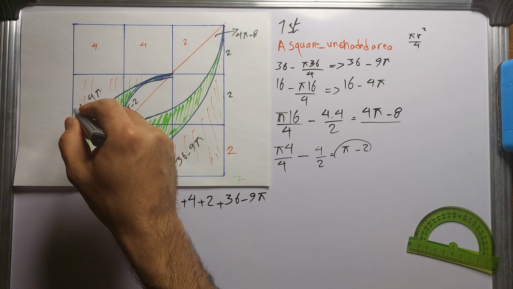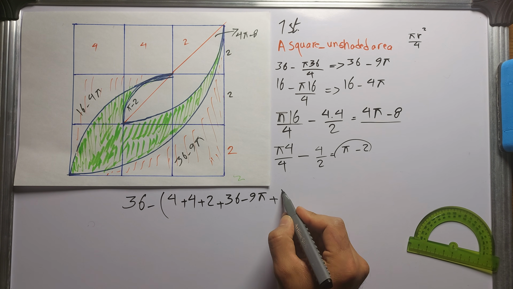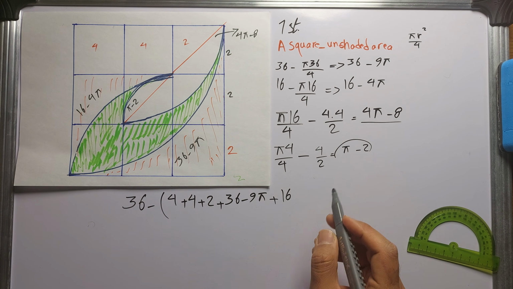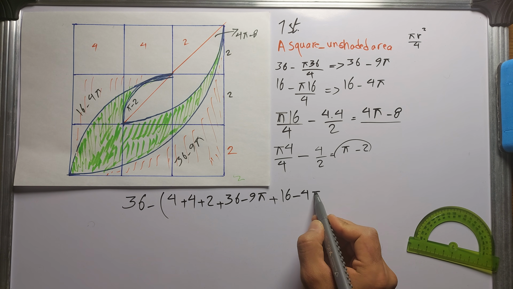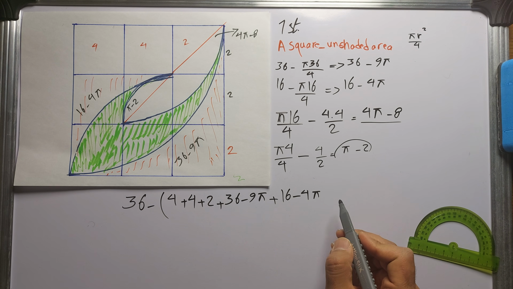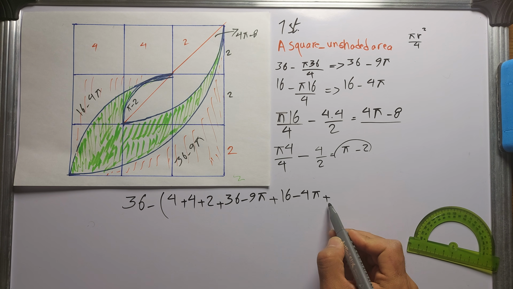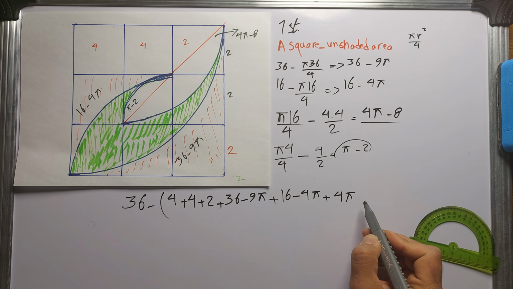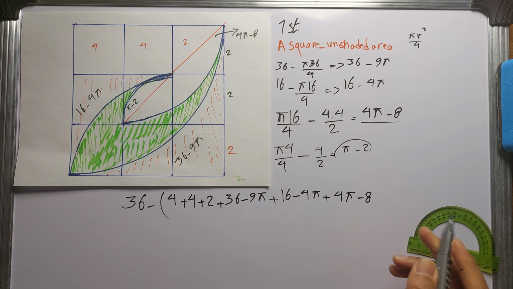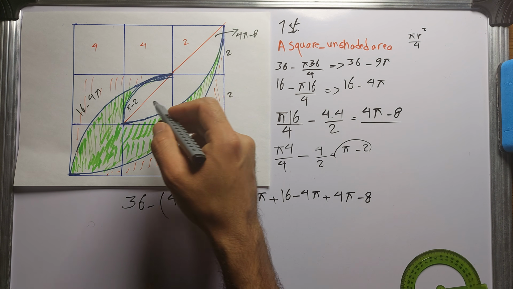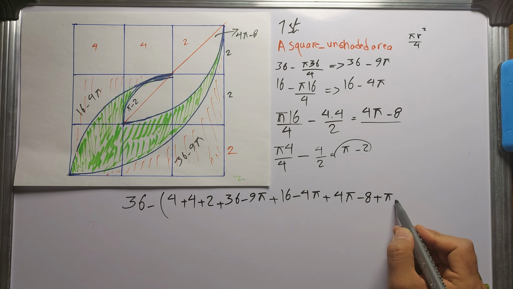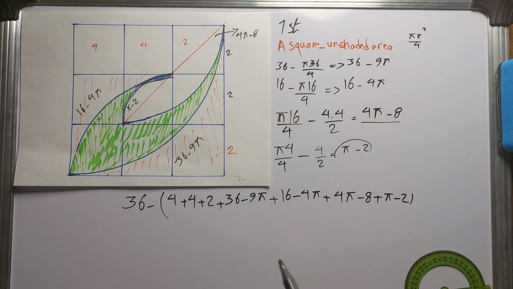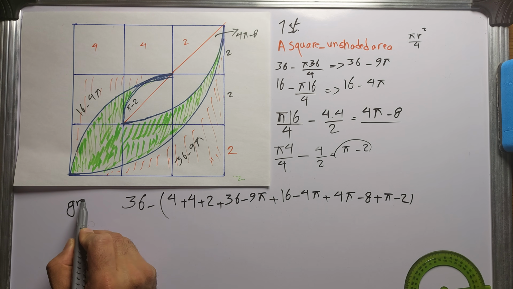Another one was 16 plus 16 minus 4 pi. Another one was 4 pi minus 8. And the last one was plus pi minus 2, right? So this is just algebra. This is the area of the green area, let's say.